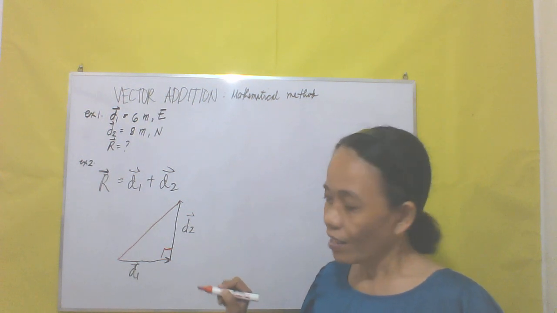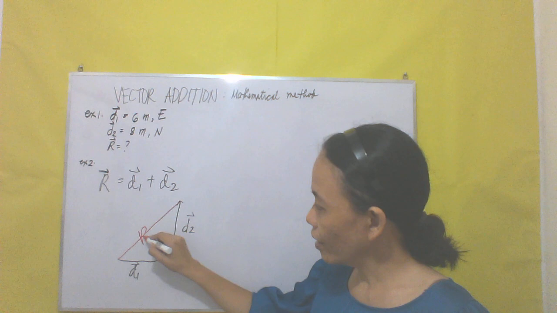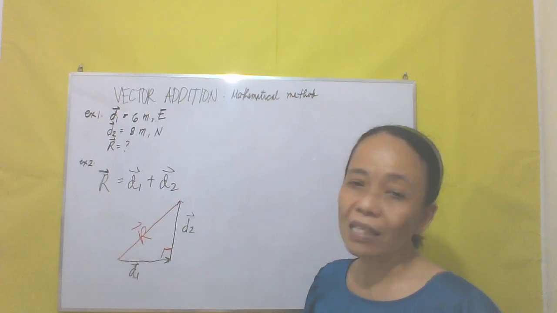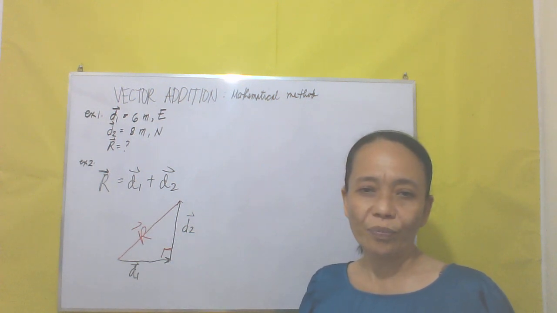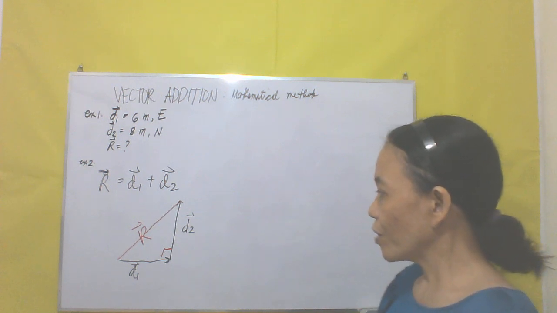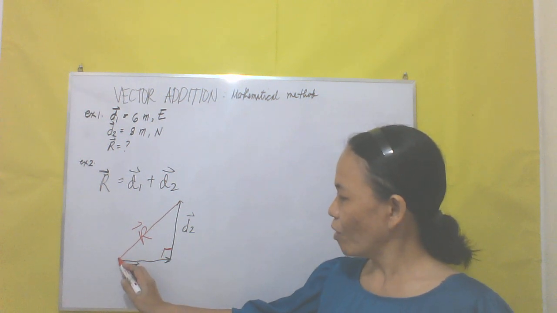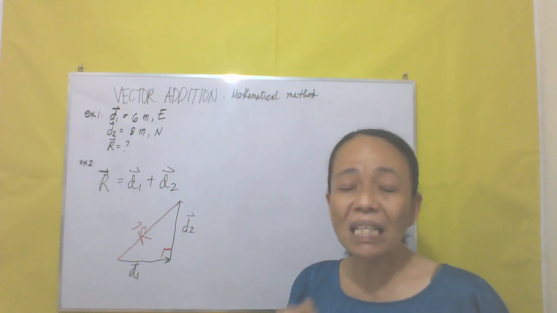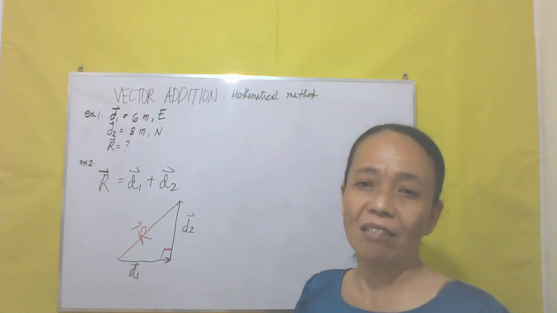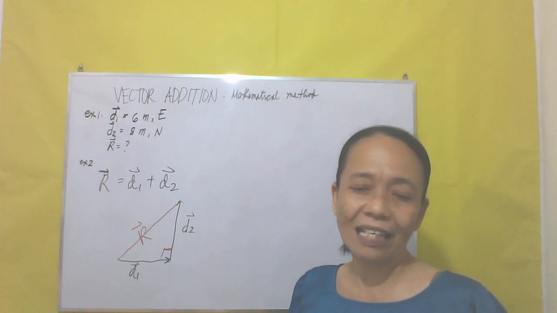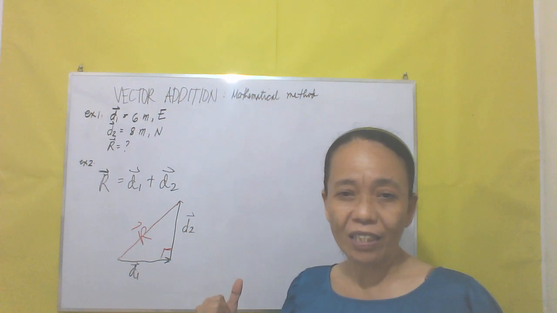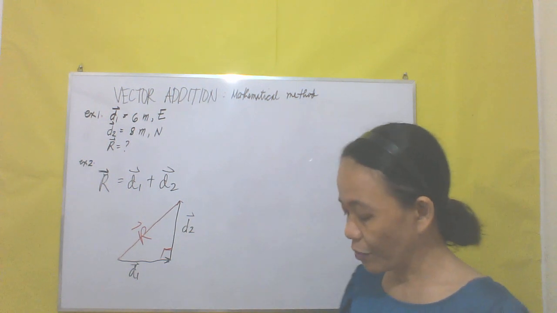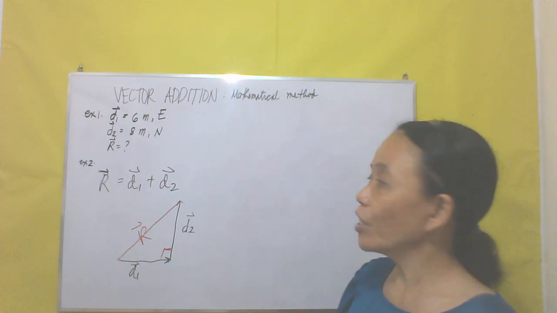This is our r, or d1 plus d2. Since this polygon forms a right triangle, the Pythagorean theorem is applicable. Let's recall the Pythagorean theorem.